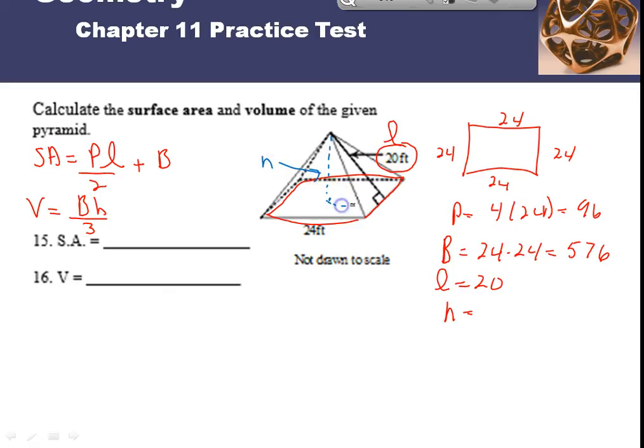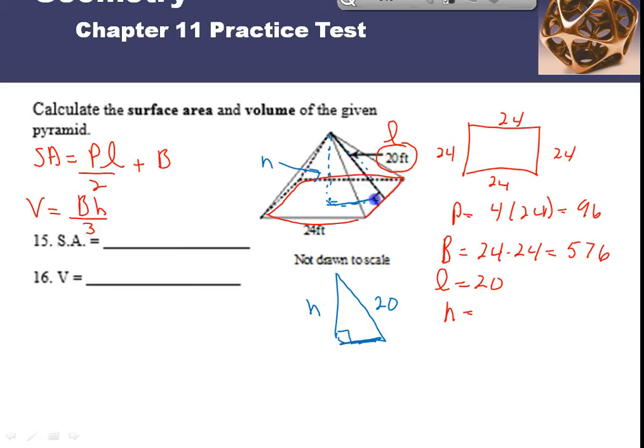And I know that I can make a right angle with this triangle here. So I'll draw the triangle down here. So I know that this is 20 and this is h, that's what I'm looking for, so that means I need this.